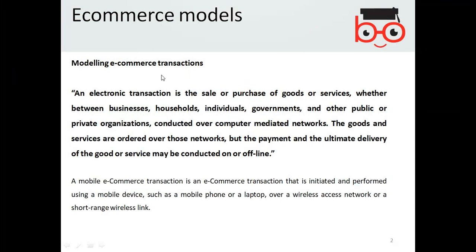Modeling e-commerce transactions. An electronic transaction is the sale or purchase of goods or services, whether between businesses, households, individuals, governments, and other public or private organizations, conducted over computer-mediated network. So e-commerce is basically the sale or purchase on computer-mediated network. The goods and services are ordered over those networks.